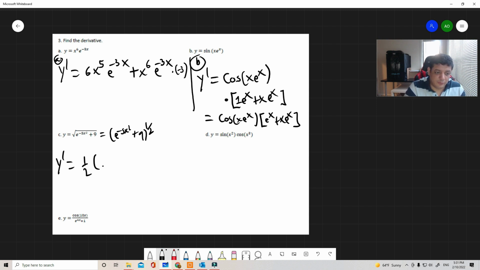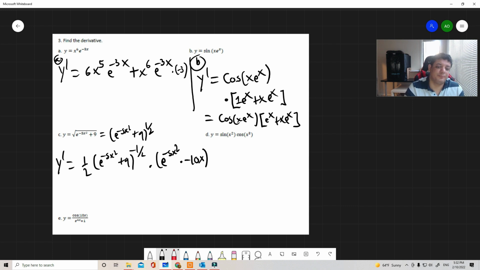We're going to do this same thing, and 1/2 minus 1 is minus 1/2, and now multiply by the derivative of the stuff inside. Notice that the derivative of 9 is 0, so the only part from the function inside that is going to matter is the derivative of this exponential, which is the same thing, right, because it's an exponential, times now the chain rule, which is the derivative of this minus 5x squared, which is now minus 10x.